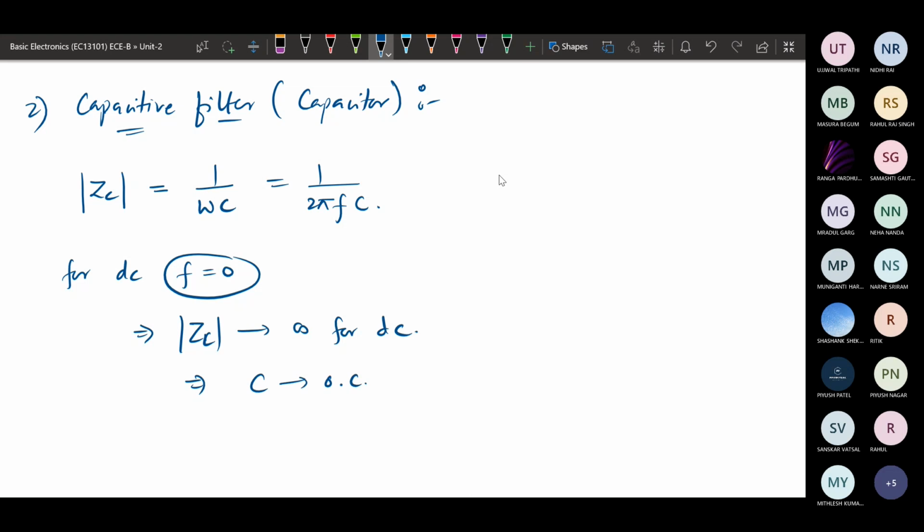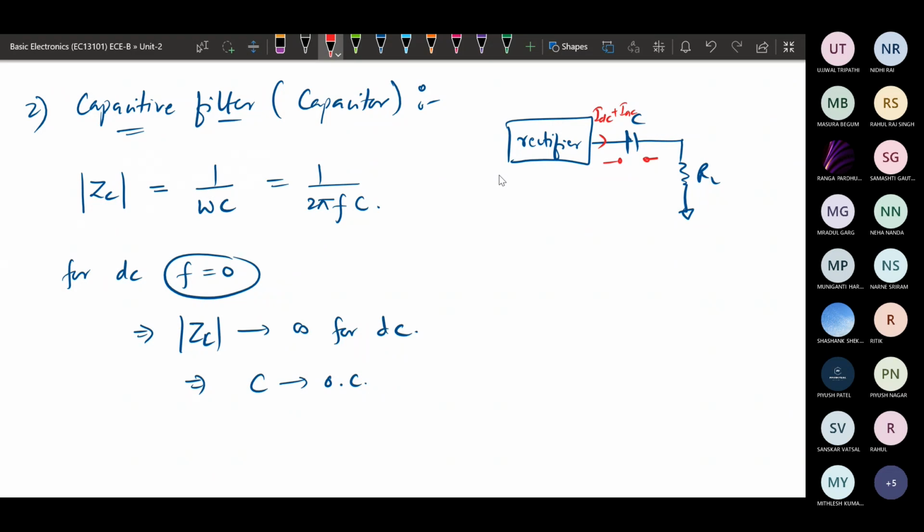If the capacitance is open circuited, then in this configuration, if we are passing DC plus AC, for DC it will be open circuit, meaning nothing passes through the RL.